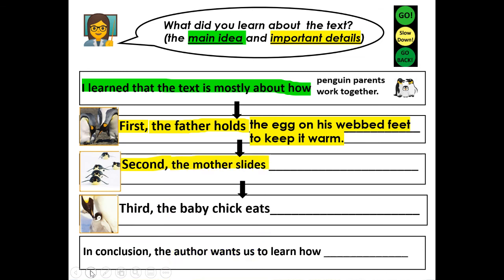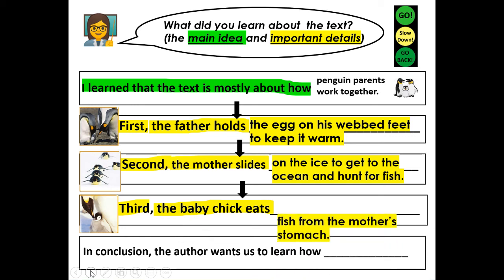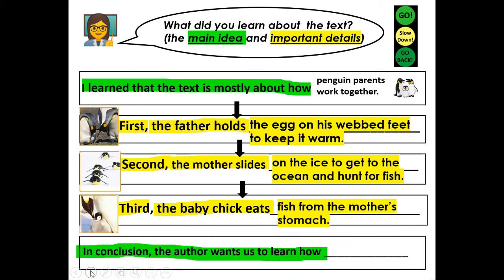Second, the mother slides on the ice to get to the ocean and hunt for fish. Third, the baby chick eats fish from the mother's stomach. In conclusion, the author wants us to learn how penguins take care of a chick.